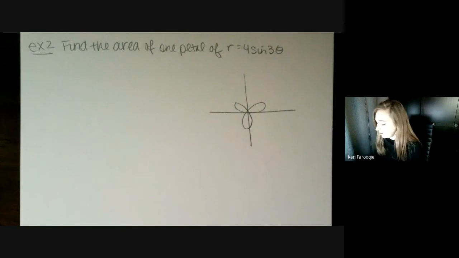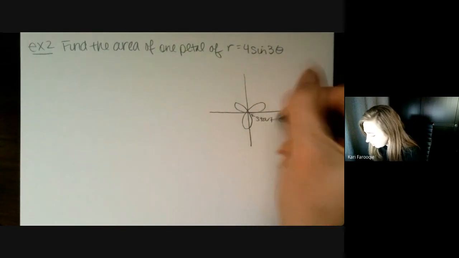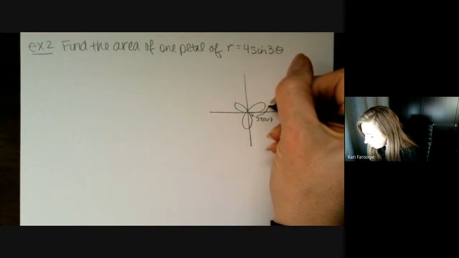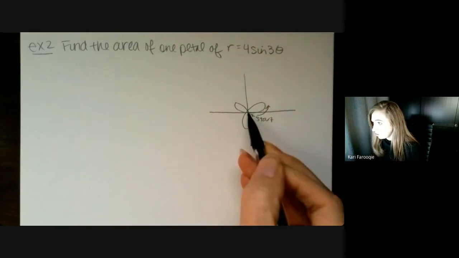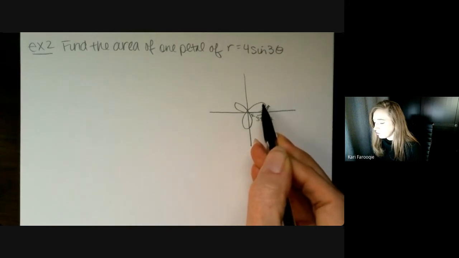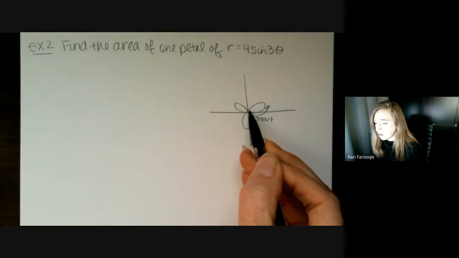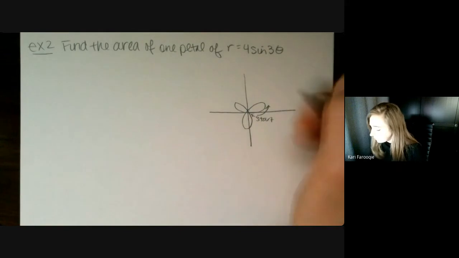Kind of like that. But it started right here, and it swung up this direction. So as theta increased, your value of r increased until you got to the petal tip, and then eventually you ended up at some value theta such that your radius was 0 again.